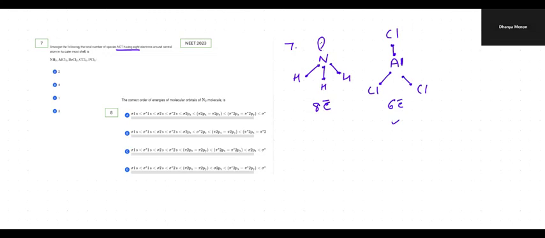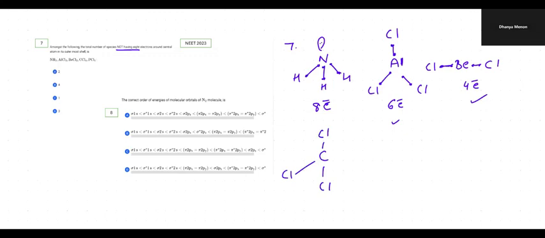Next one is BeCl2. It has a linear shape. So 1, 2, 3, 4. This is also having an incomplete octet. Then I have CCl4. So this is another one. So Cl, Cl, Cl, Cl.